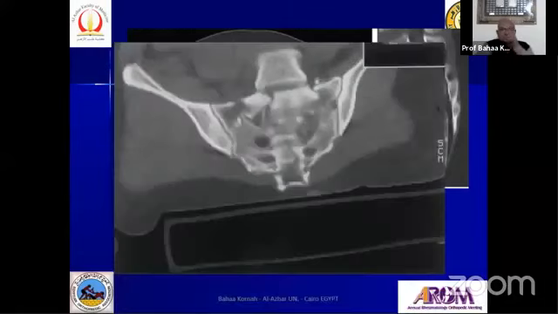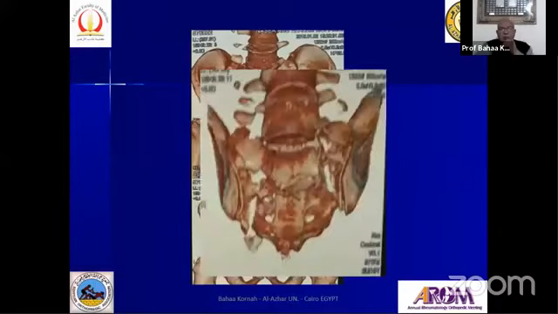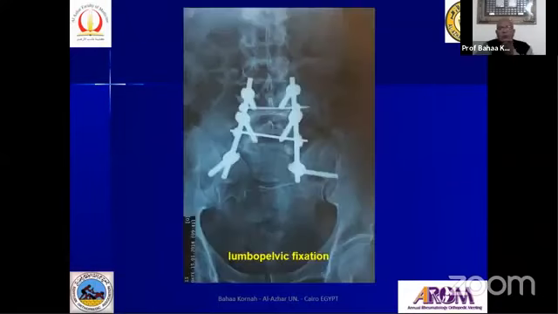This is an X-ray, and this patient went to surgery, and we did lumbopelvic fixation using 2 screws in the iliac bone and screws in L4, L5, and L5S1, made a distraction and made 2 cross connectors to increase the stability. And these screws were the only ones available at that time.